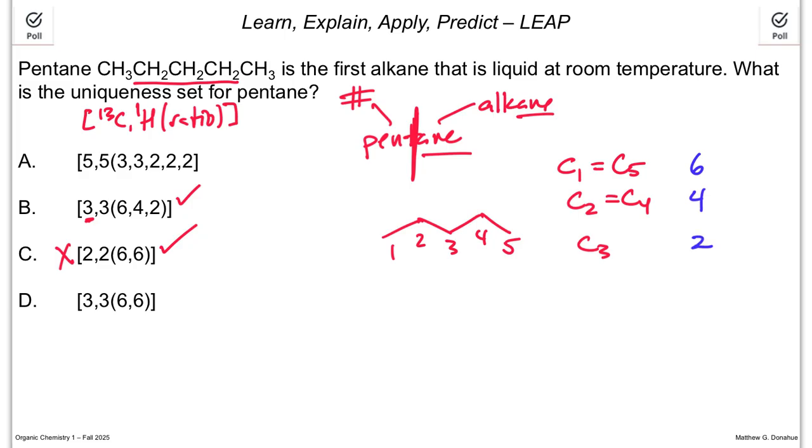So that's how we get those ratios. So there's only one linear isomer for C5H12. Everything else now is going to be branched.